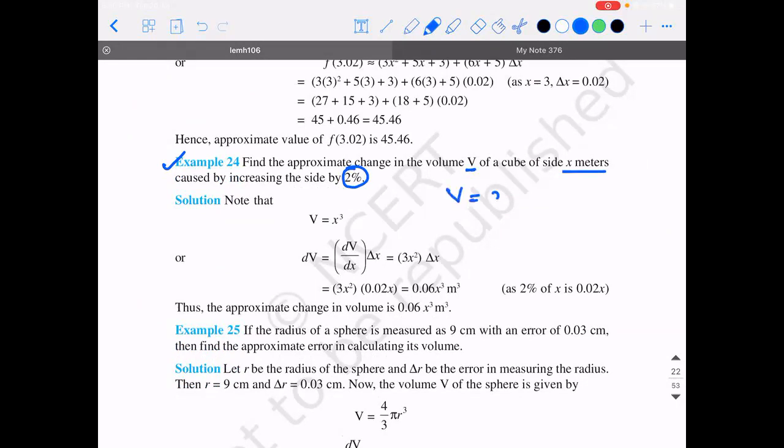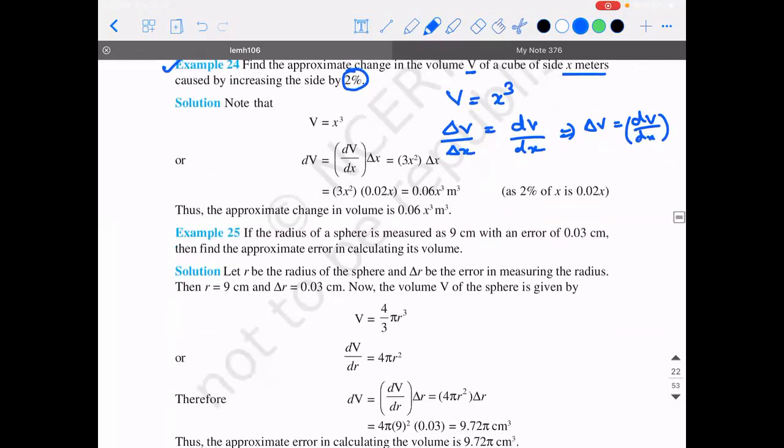So volume of a cube is given by the formula x cube, right? So delta V by delta x, can I write it as dV by dx, which implies delta V is equal to dV by dx into delta x. Correct? So what is the derivative of V with respect to x? It is 3x square into delta x, right?